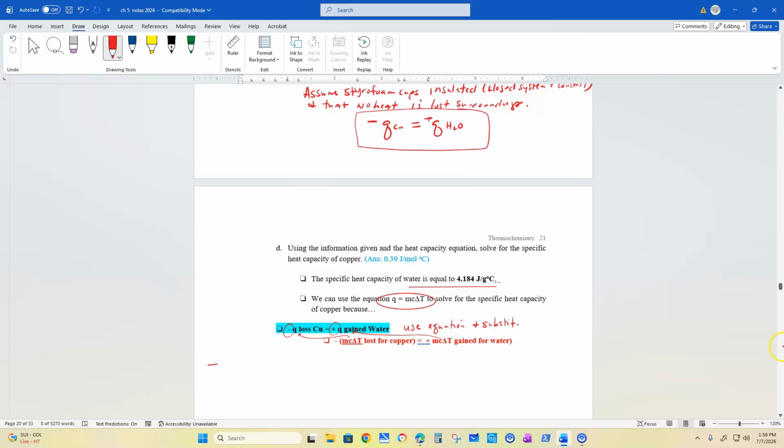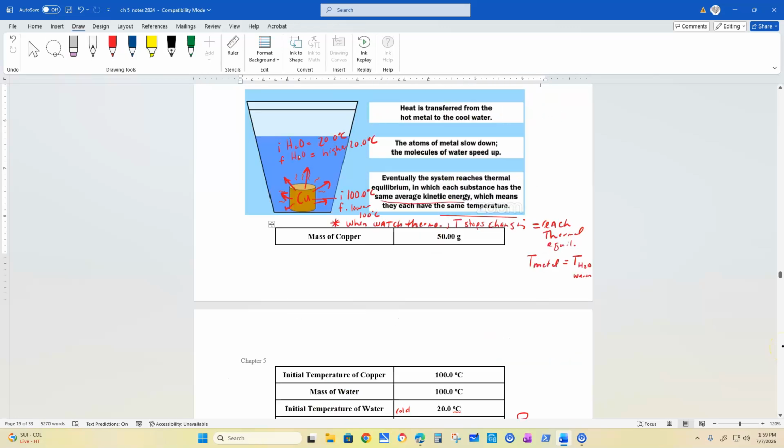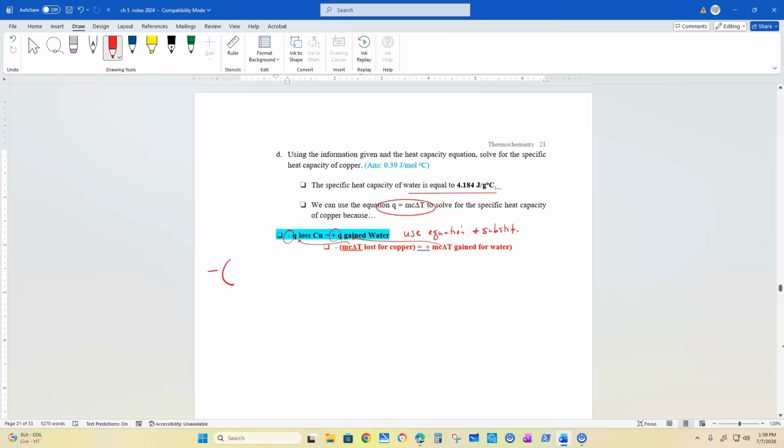So we have the negative of the copper side. Well, we got to go back and look at our copper numbers. So for copper, the mass was 50. So I'm going to go back and forth on the page. We are solving for specific heat.